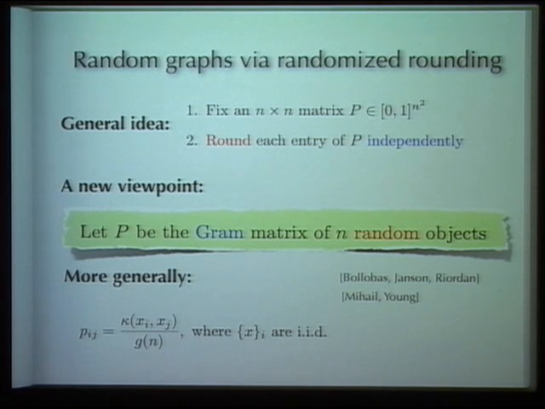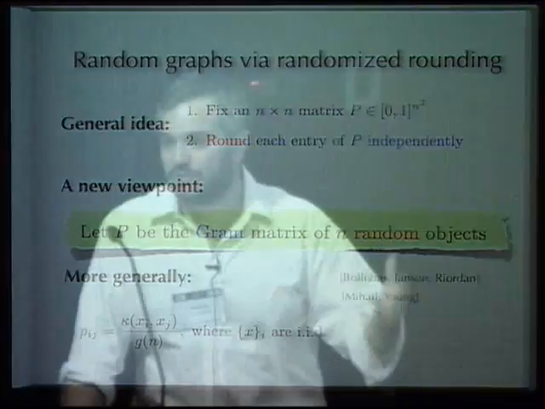So you can think of the kernel as being the inner product, as in the previous example, but this can be a general kernel function. The only thing you need is bounded support on the distribution for the xi's, plus some sparsification factor. Because this kernel function is always going to have values between 0 and 1, we don't allow it to depend on n. We sparsify the graph by this g(n).